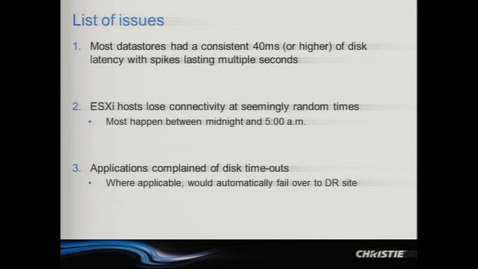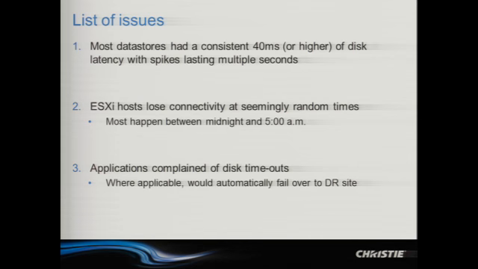A quick summary of some of the issues we had here. Most of the data stores consistently existed above 40 milliseconds or higher, with spikes lasting several seconds, like I showed you in that last picture. The ESX hosts would complain, I don't have any storage right now.